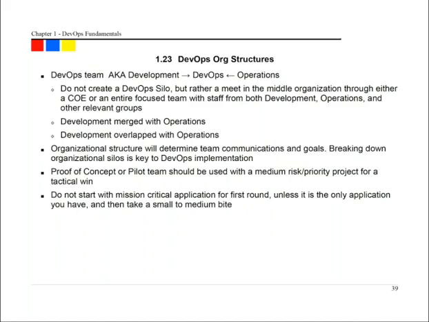Over time, many organizations will start to think about, well, do I actually start to kind of merge some of those together formally in an org structure? Start doing things like having development overlap with operations. We might potentially merge development with operations. In many organizations, there's some pluses and minuses to that.